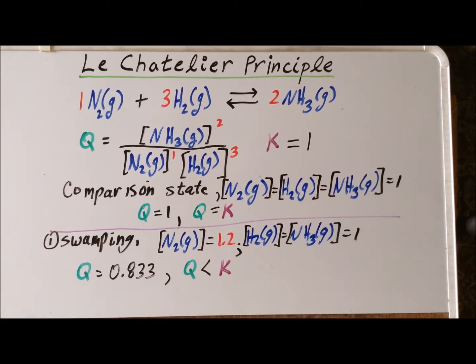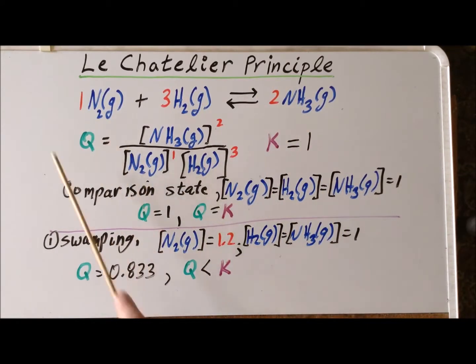As we had seen previously, if we have a system where Q is less than K, the system is not at equilibrium, and the system is too far to the left. It has too much in the way of reactants, not enough products, so therefore the system will shift to the right, thereby decreasing the amount of reactants and increasing the amount of products.